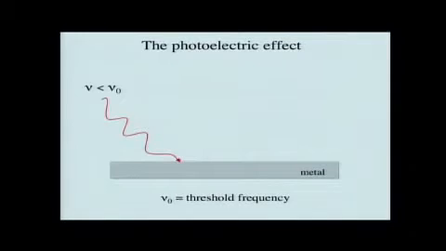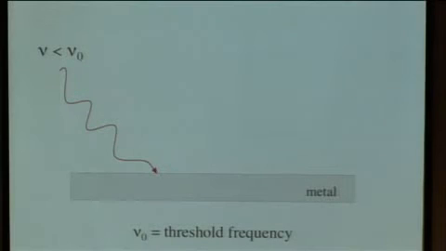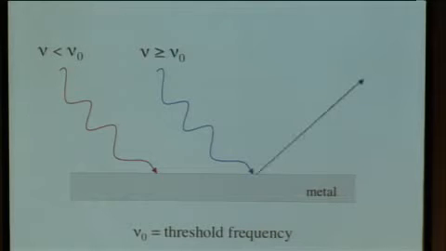So this is an interesting observation, and in itself not too disturbing yet, but the important thing to point out is that there's this threshold frequency of the metal, and each metal has a different threshold frequency, such that if you shine light on the metal where the frequency of the light is less than the threshold frequency, nothing will happen. No electron will pop off of that metal. However, if you shine a light with a frequency that's greater than the threshold frequency, you will be able to pop off an electron.